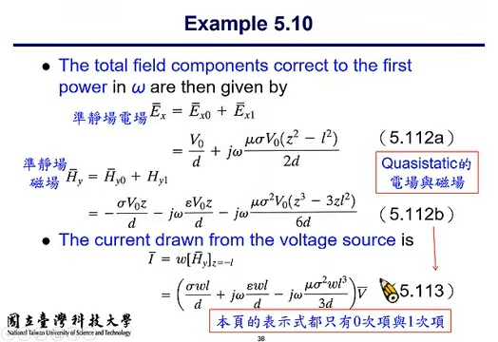So what is the relationship of I and V? I over V is what? Y. 这个叫什么？admittance。那你叫是 V over I 等于什么 Z？叫什么 impedance？So I'm trying to derive the expression for admittance or impedance.